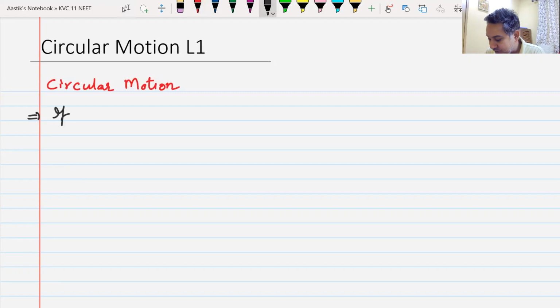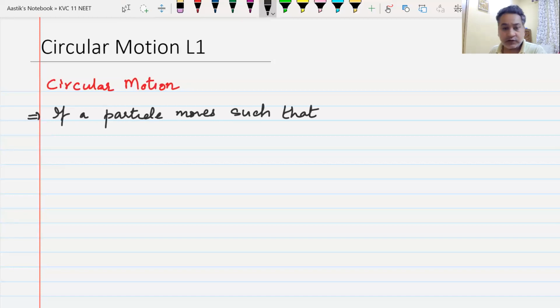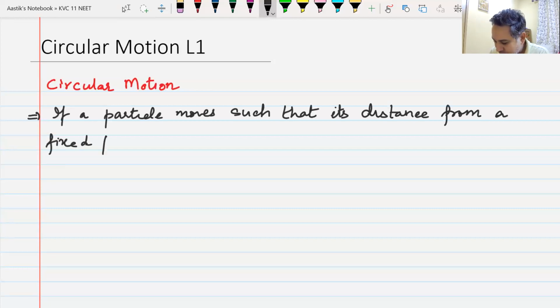If a particle moves, and I hope everyone is writing, if a particle moves such that its distance from a fixed point remains same, then that motion is known as circular motion.